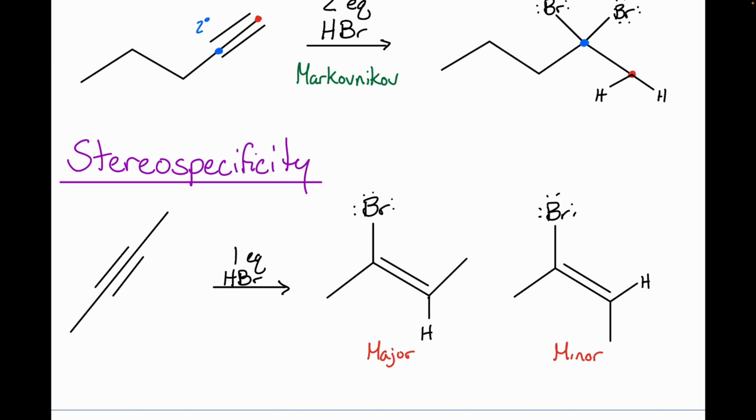It has everything to do with the location of those two big alkyl groups in my molecule. On my major product, those alkyl groups are on opposite sides. And in my minor product, those two alkyl groups are on the same side.